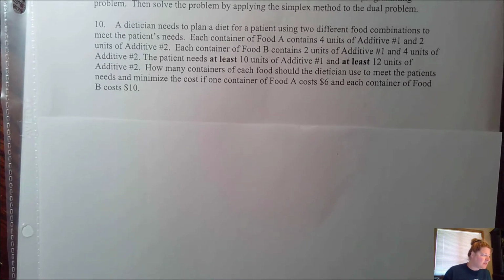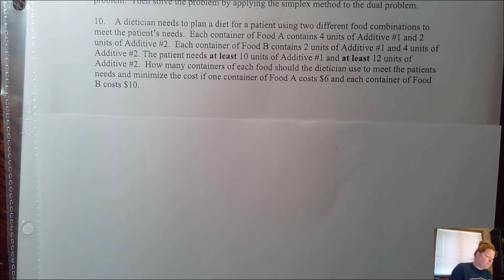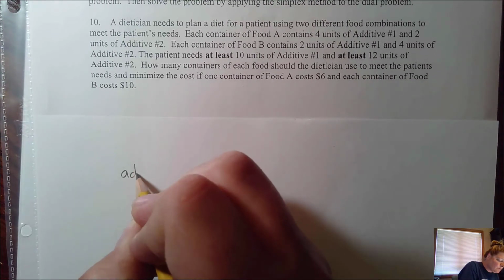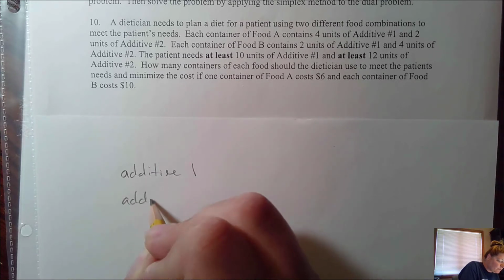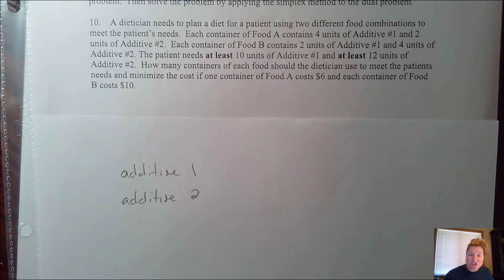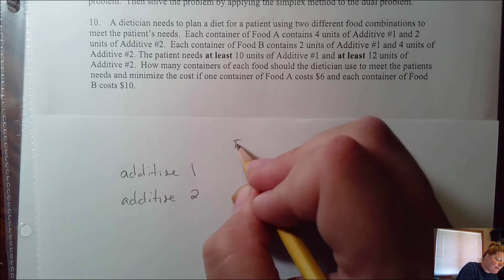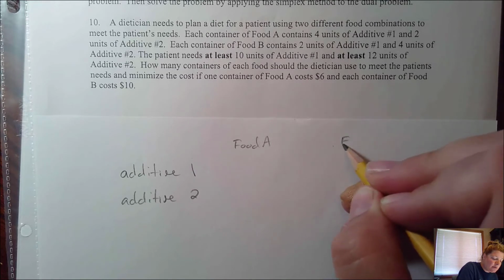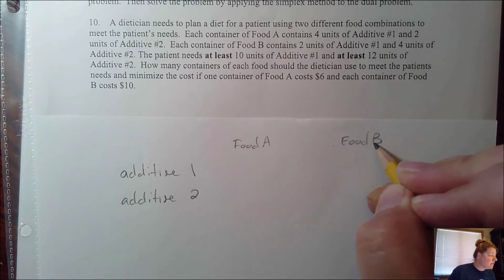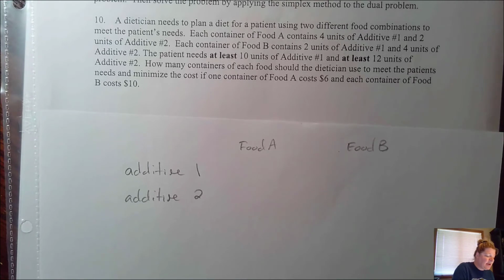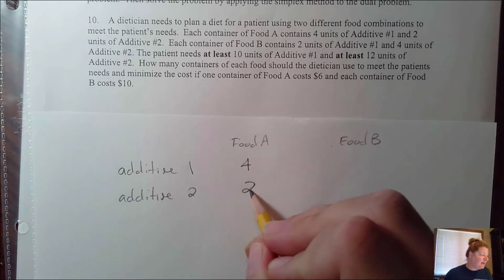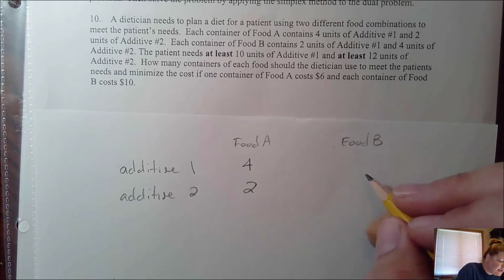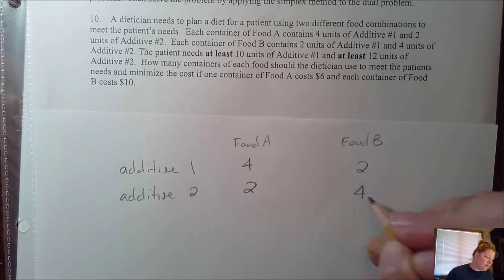So where are we going to start with this? Let's start with a little chart. We have additive 1, additive 2, food A and food B. Food A has 4 units of additive 1 and 2 units of additive 2, and food B has 2 here and 4 here.